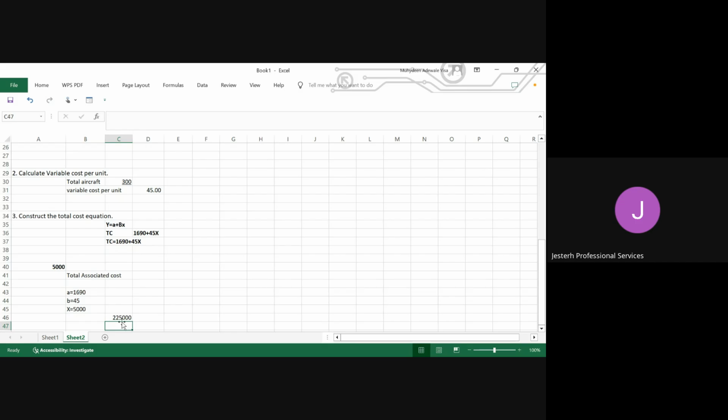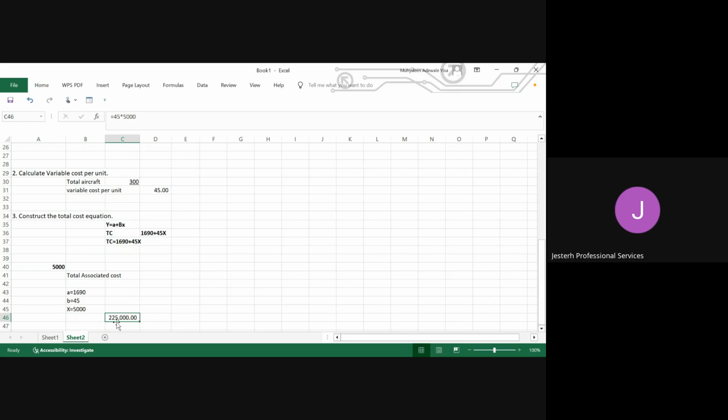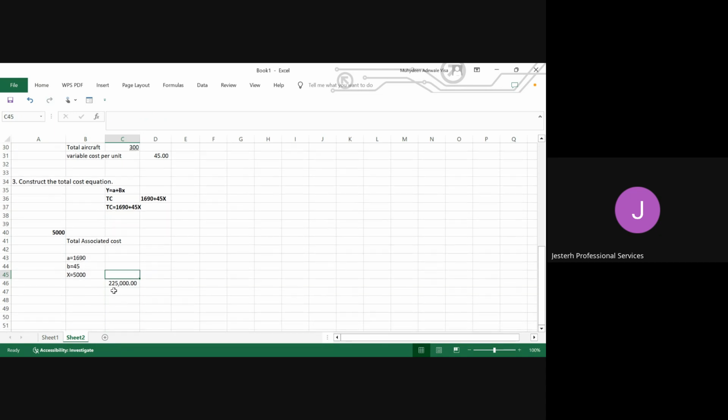Our total variable cost in this case is 225,000.